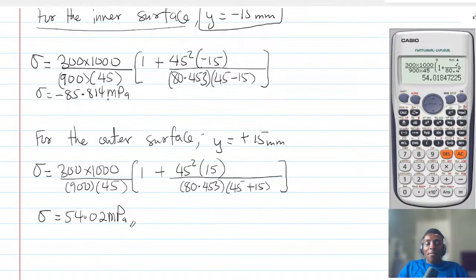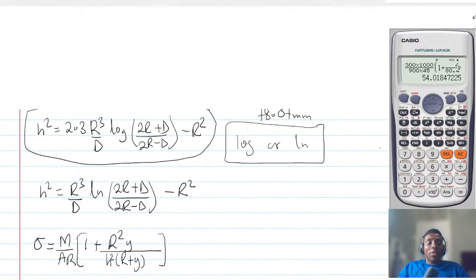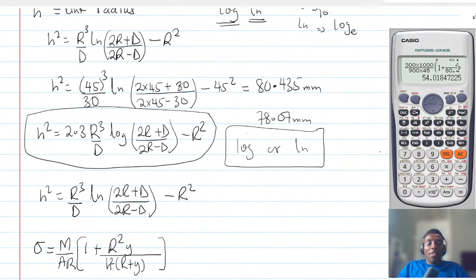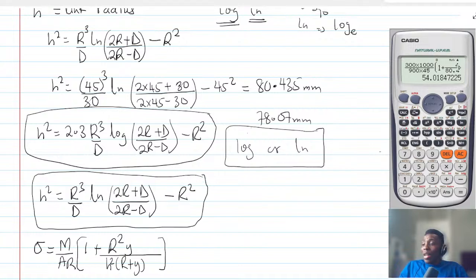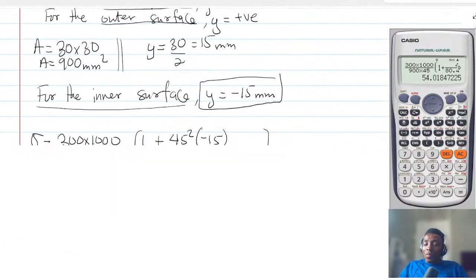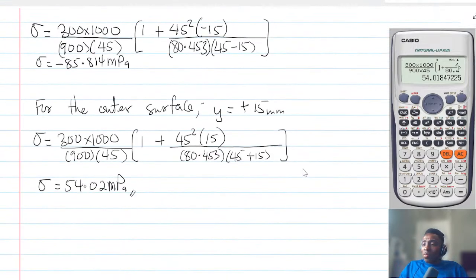So whenever you have a curved bar question, all what you have to do is to know the formula for the radius. Just know the formula for the radius. If you know the formula for the radius, you'll be okay. But it's up to you. For the rectangle, you can either use the one without the line, the one with the line or the log. But as a matter of fact, the one that I have known that it is good is the one with the line. So please, any questions?